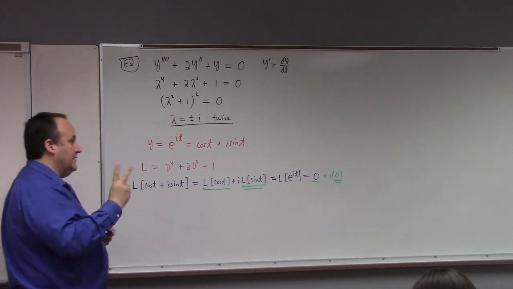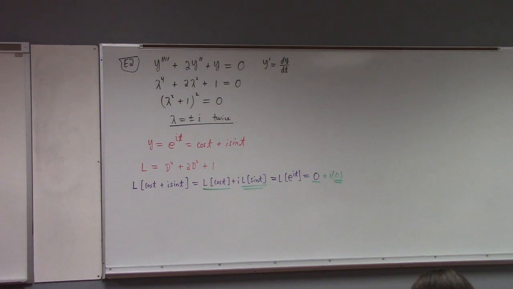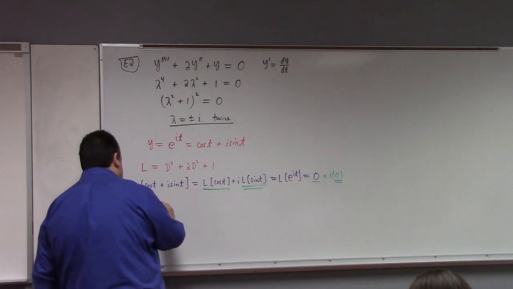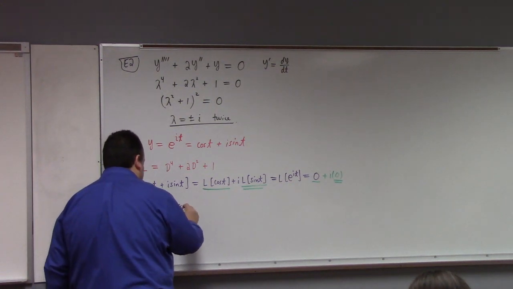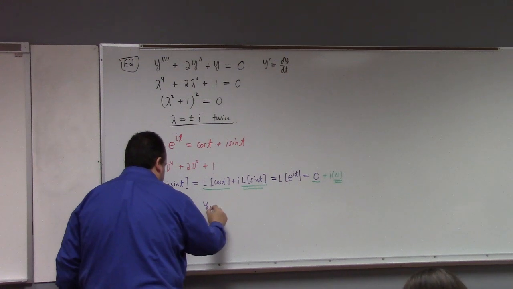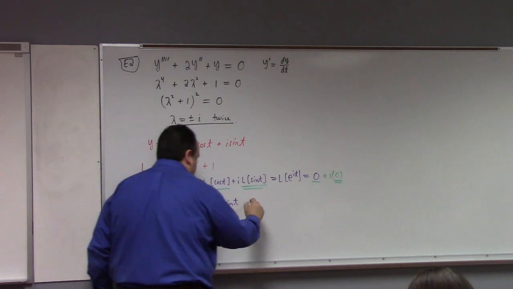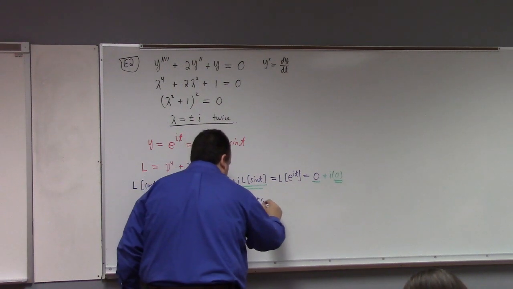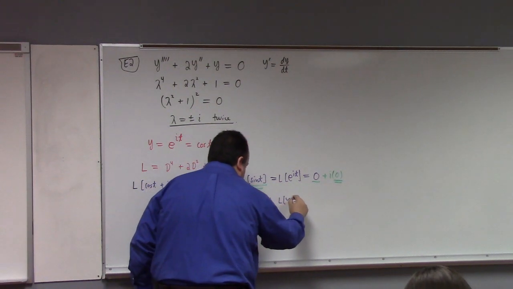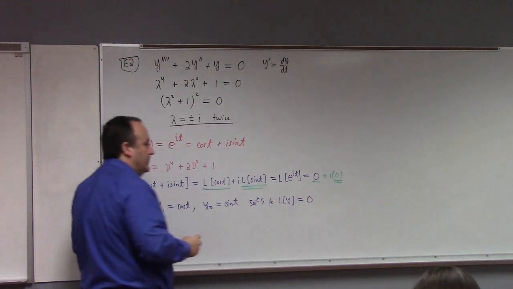So I get 2 real solutions from this one complex solution. This hopefully is familiar to you from the previous story arc in the course, right? So we get y1 equals cosine t and y2 equals sine t, solutions to L of y equals 0.